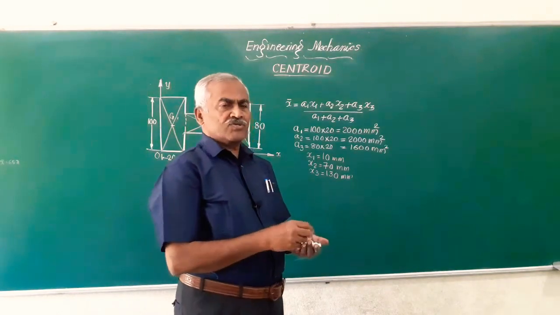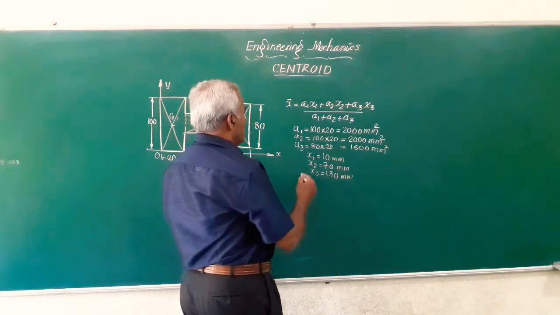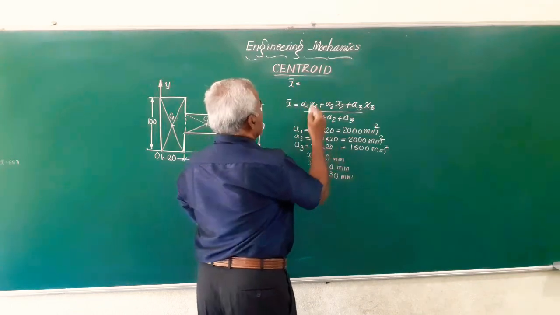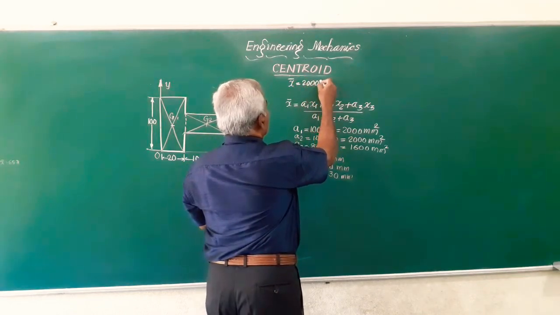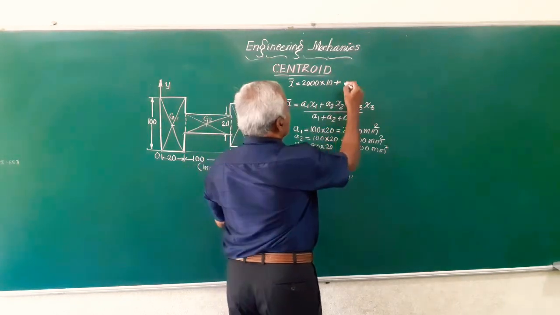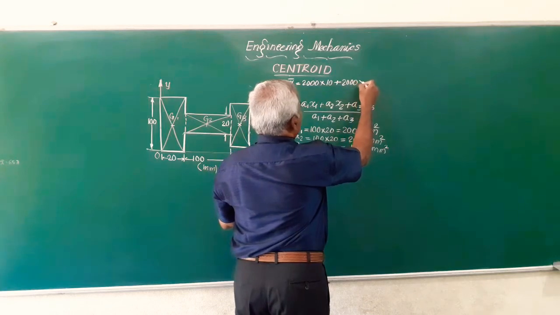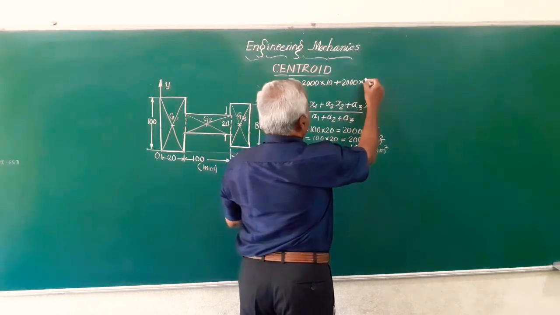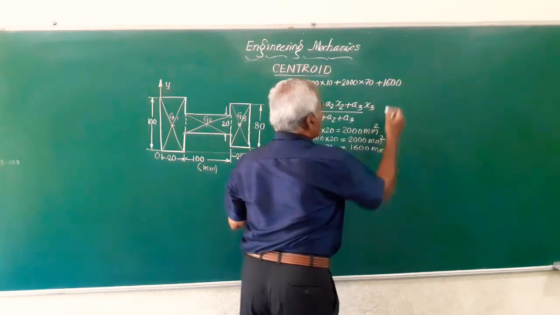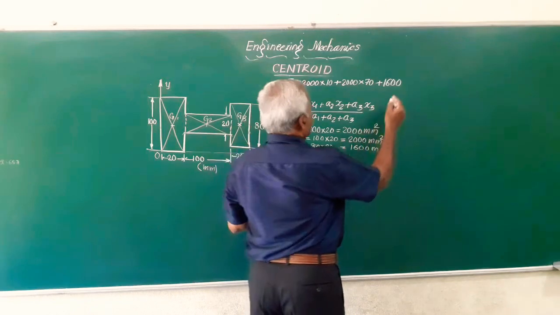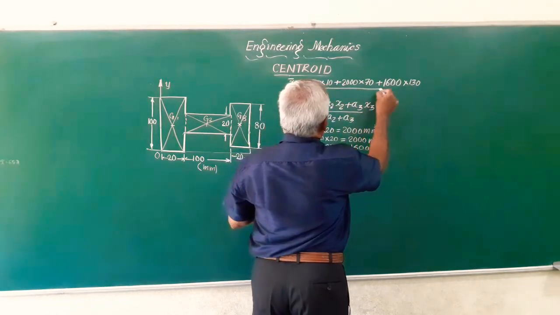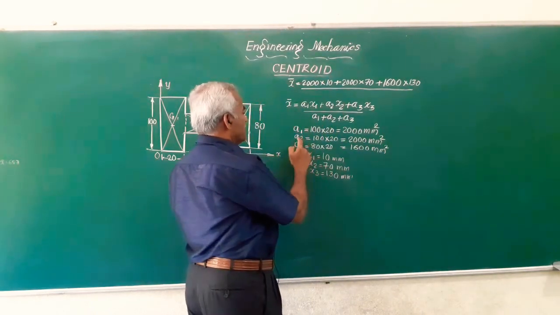Let us make the substitution and find x bar. So x bar is equal to a1, 2000 into x1, which is 10, plus area 2, 2000 into x2, which is 70, plus area 3, 1600 mm square multiplied by x3, which is 130, divided by a1 plus a2 plus a3.